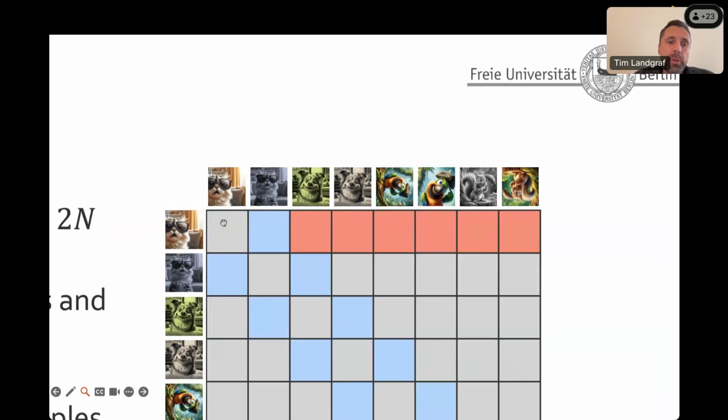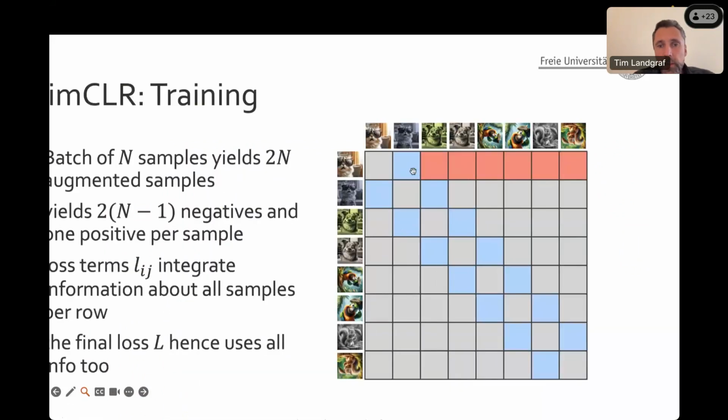And now compute the pairwise similarities. So similarity between this guy and this guy, this guy and this guy. And for a given row in this matrix, the red ones here are the negatives. Obviously in the single loss term, the e to the similarity between the two pairs in the numerator, that's the positive pair.